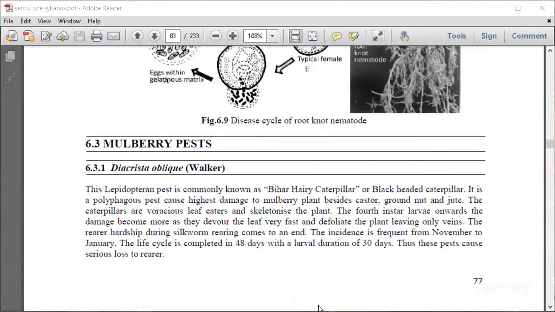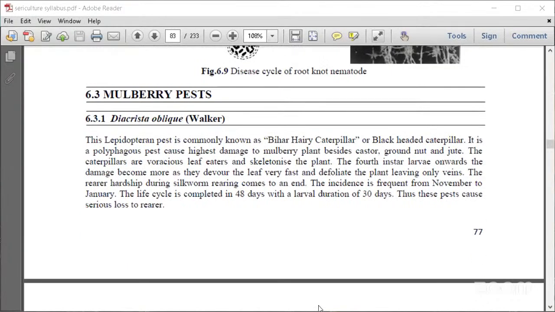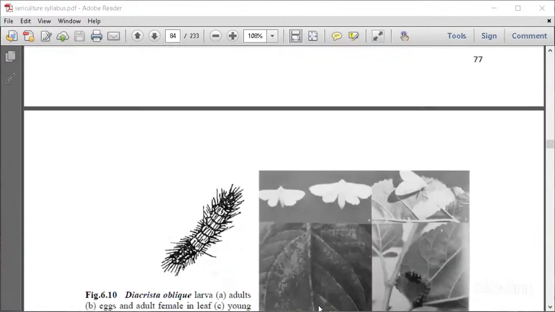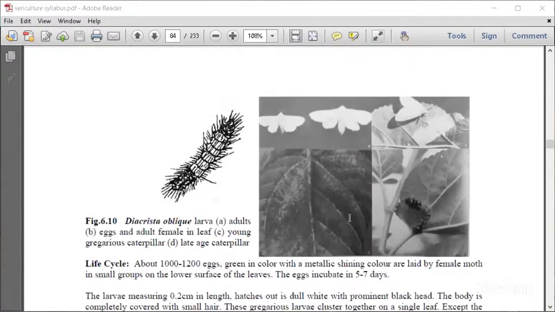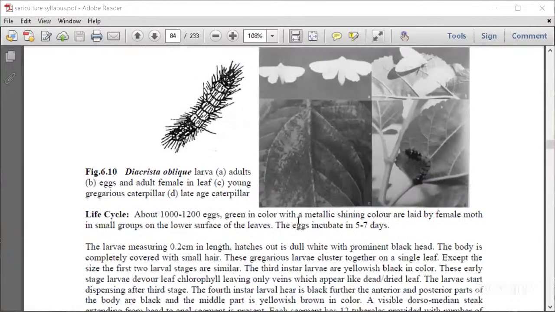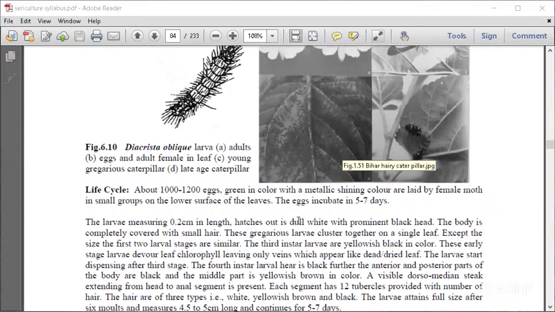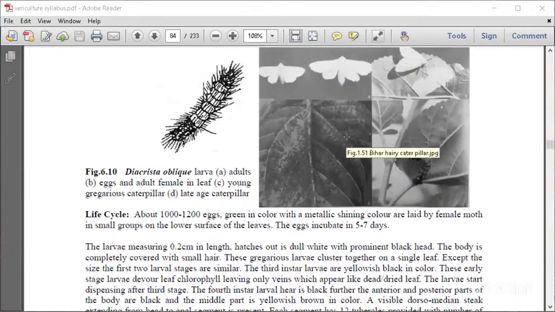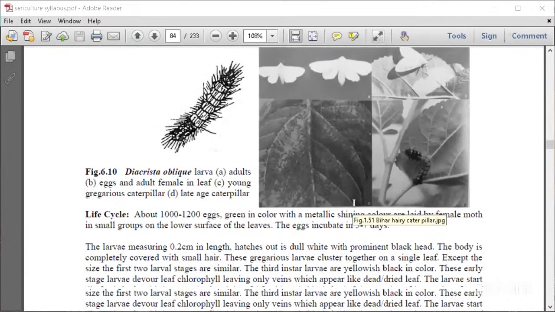Our next one is the mulberry pest Diacrisia obliqua, which is commonly caused by a Lepidopteran pest. Here you can see the Diacrisia obliqua larvae, and how this caterpillar affects the mulberry.